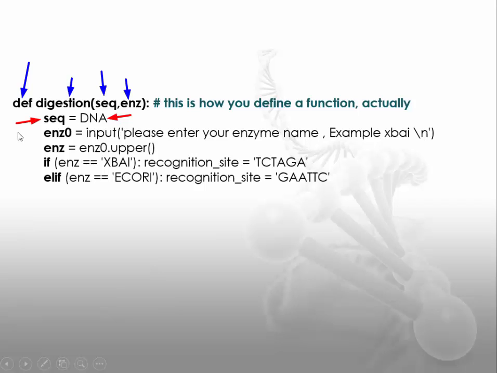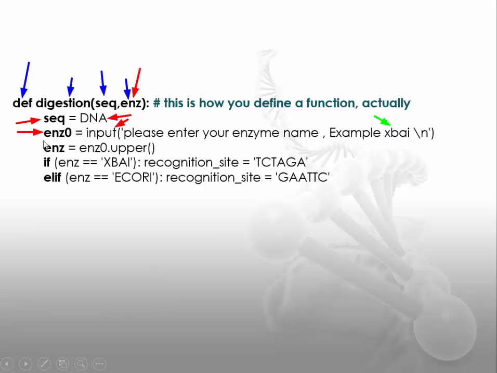The ins parameter can have the enzyme. Here I used input so that the user inputs the name of an enzyme. So I asked the user to kindly write down the name of an enzyme. I gave the user an example, like XbaI, let's say.